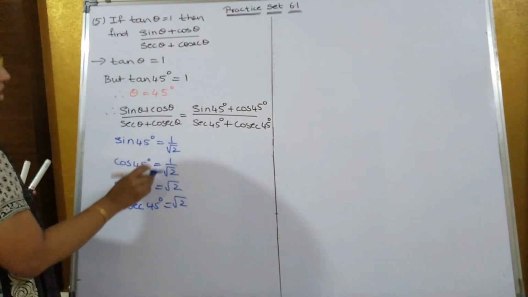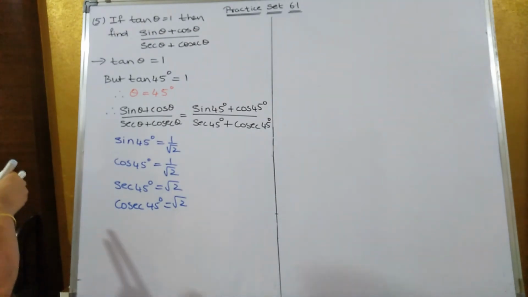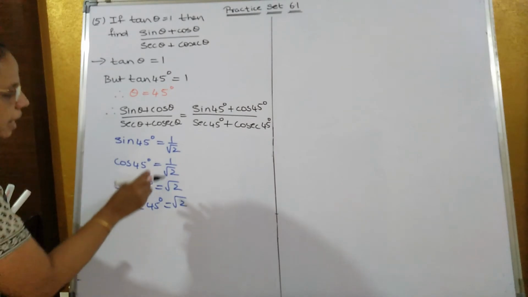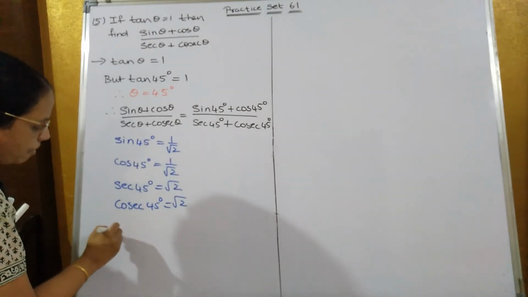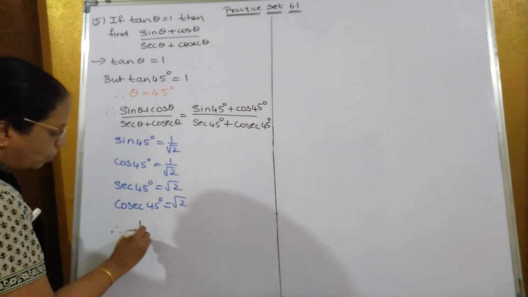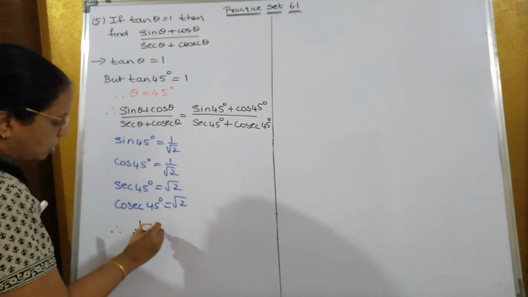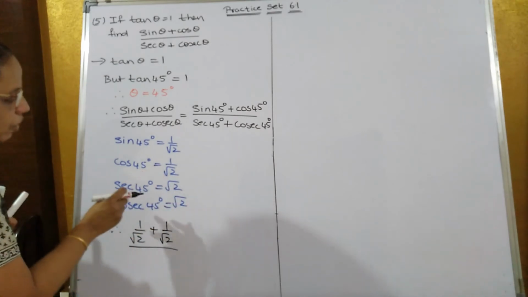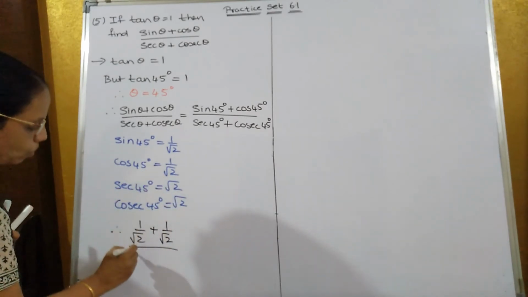Now put these values over here. Instead of sin 45 you will write 1 upon root 2, plus cos 45 is also 1 upon root 2, upon sec 45 and cosec 45, both are root 2.